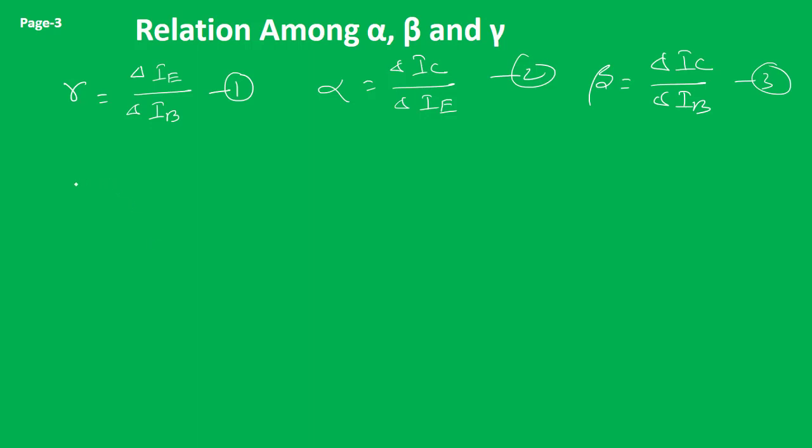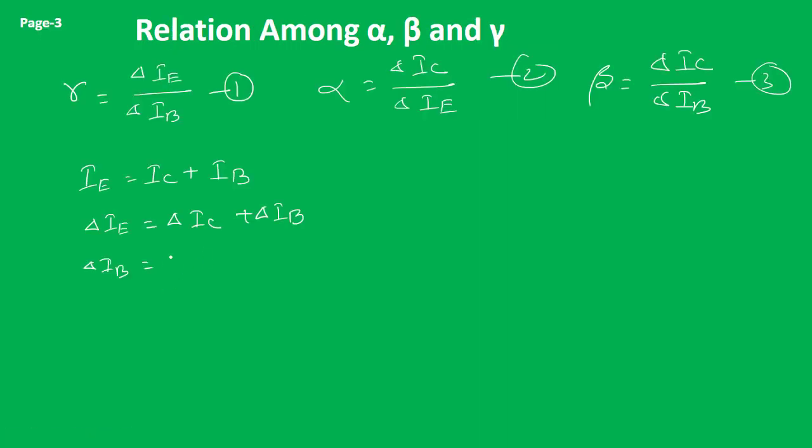Now let us consider IE, that is equal to IC plus IB, which is applicable for all kinds of configuration. Hence the change in IE can be given as change in IC plus change in IB. So here we can write delta IB is equal to delta IE minus delta IC.